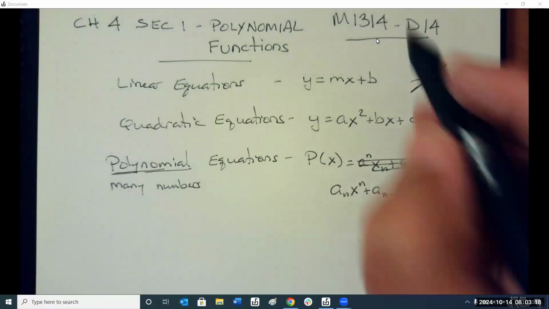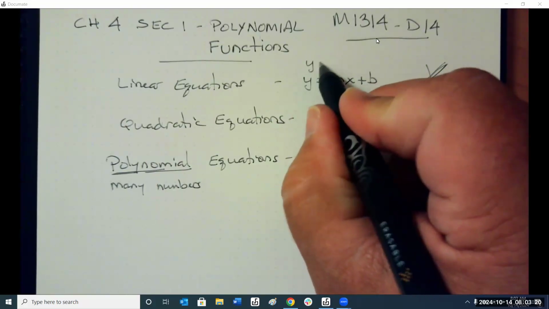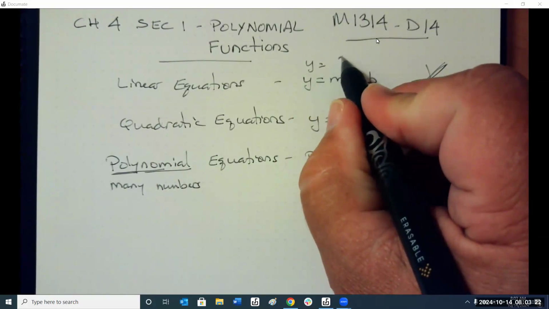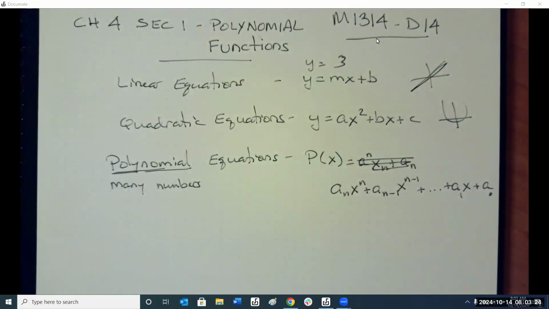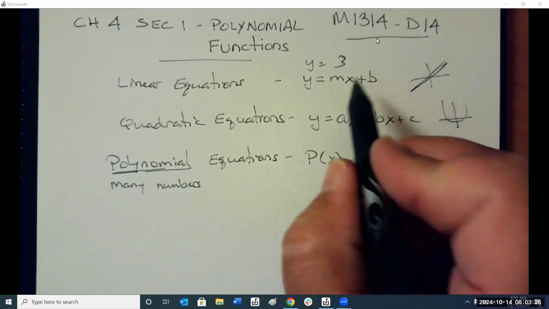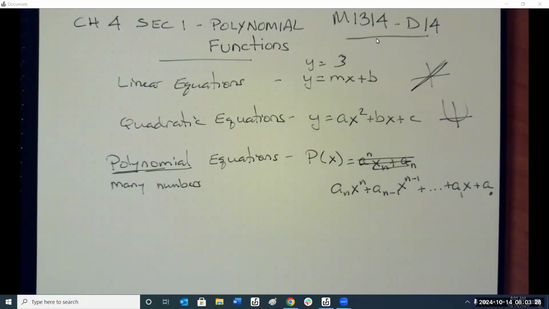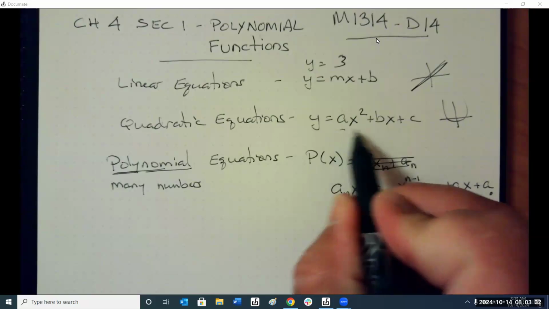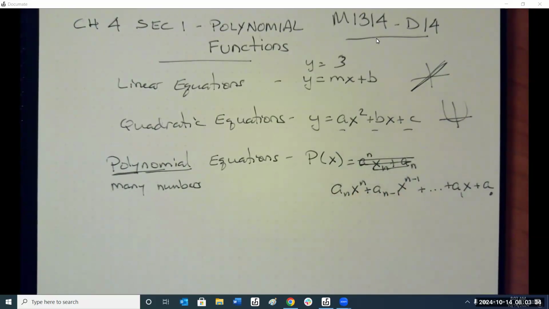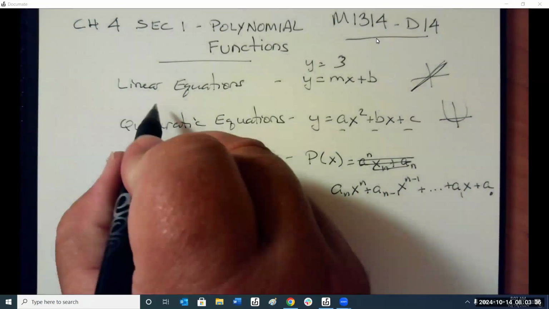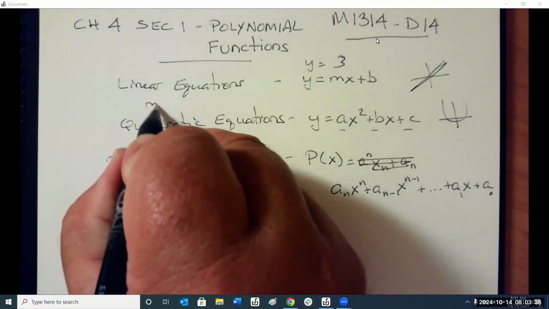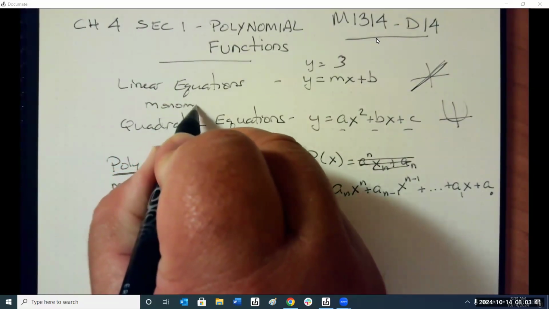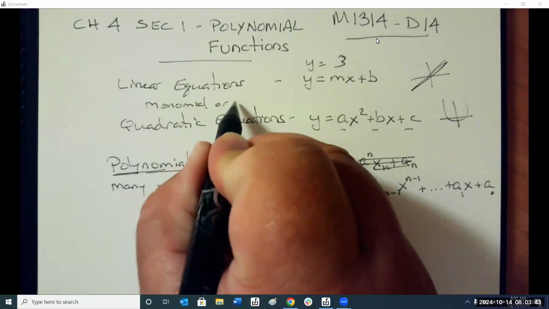A linear equation could have one term, like a horizontal line like 3, or it could have two terms. Quadratic functions have three terms. They're called trinomials. So this is called either a monomial or binomial.